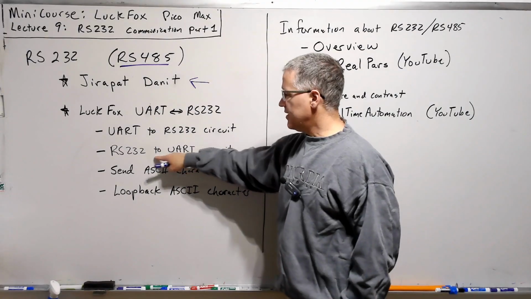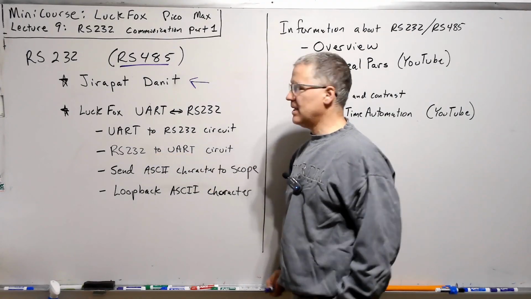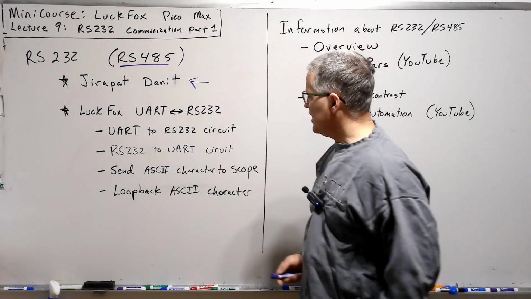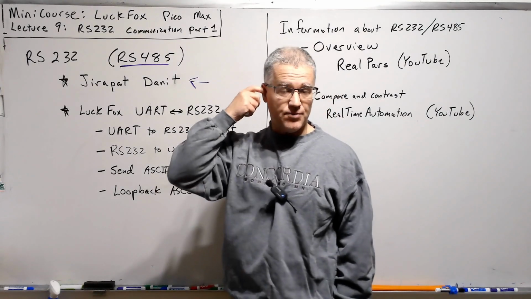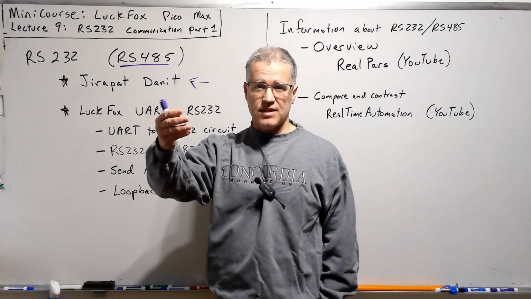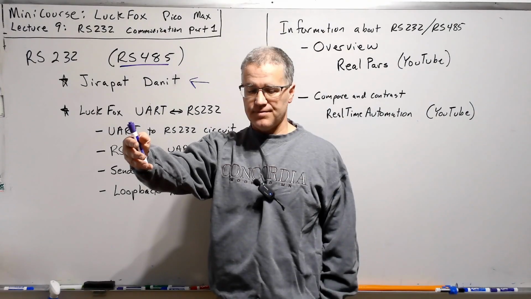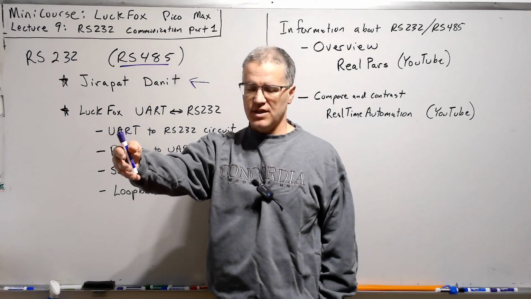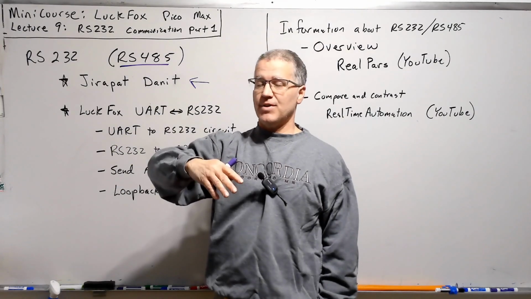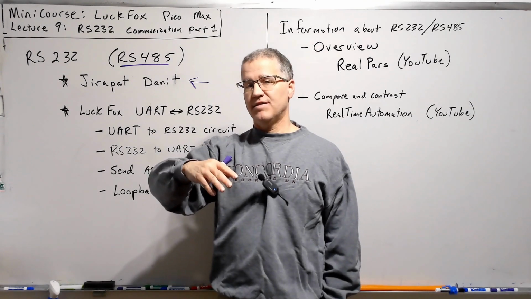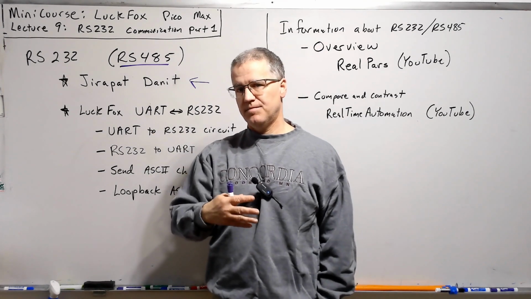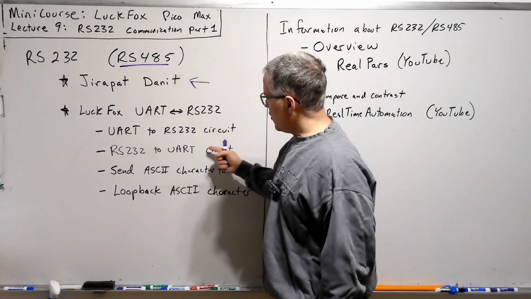Then we have to convert that back if we want to be able to talk between devices, so that we can transmit with our LuckFox, get that converted to ±9 volts, and then have that ±9 volts coming back from a device be converted back to UART. So we're going to do that here.